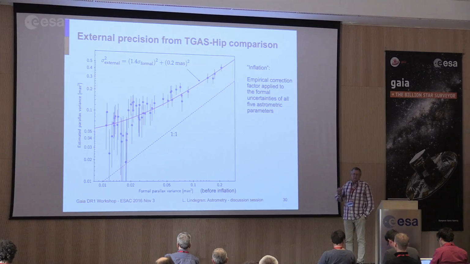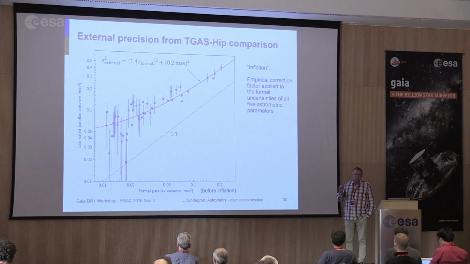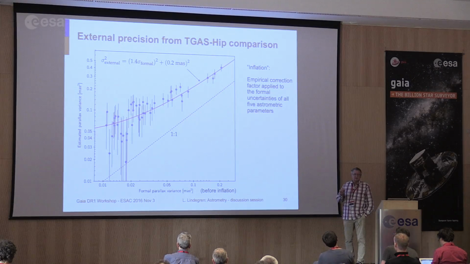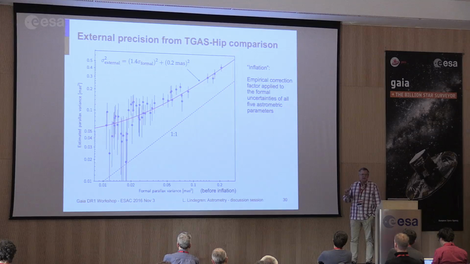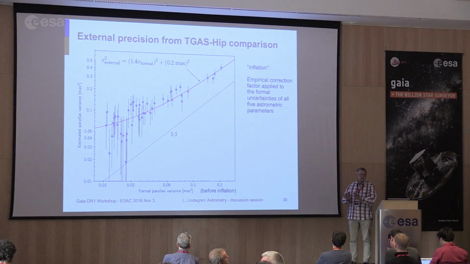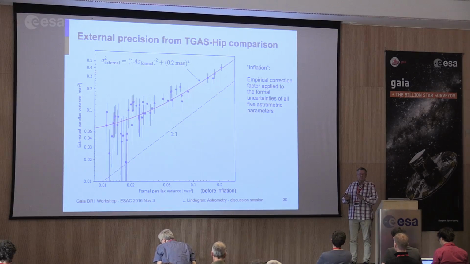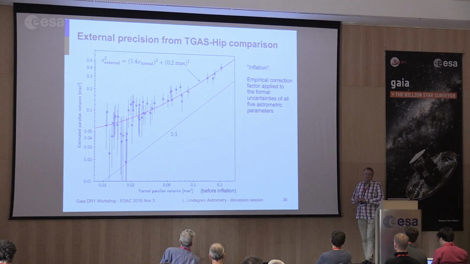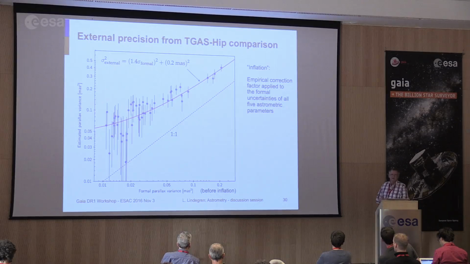One possible explanation for this overestimation of the errors in TGAS could be that this calibration was done for all sorts of colors. But if you then look at objects with more or less average color, not extremely blue, not extremely red, then it could be that this actually overestimates slightly the errors in TGAS.